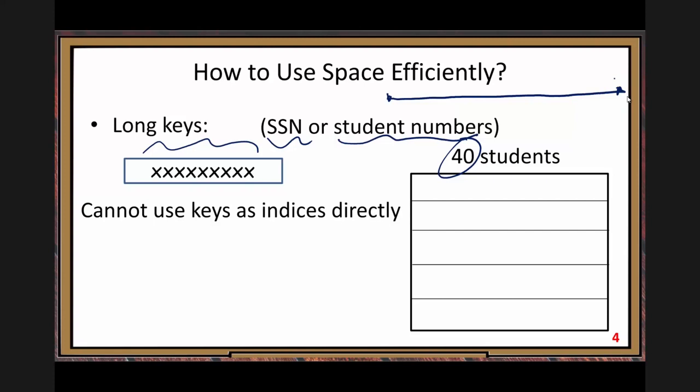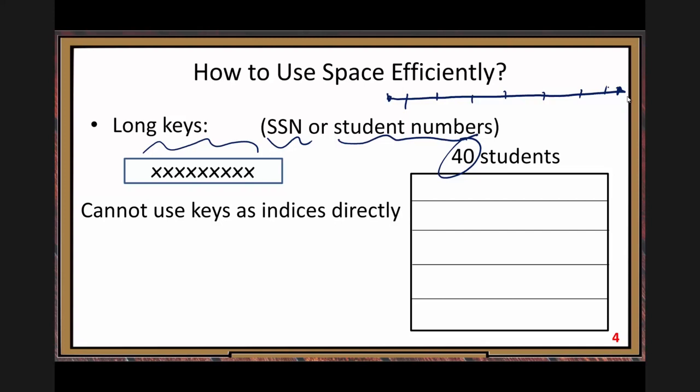So you need a large number of memory locations, but you only store 40 students. You request a large amount of storage space from memory, multi-billion, that huge amount of space, but you only use 40 of them.